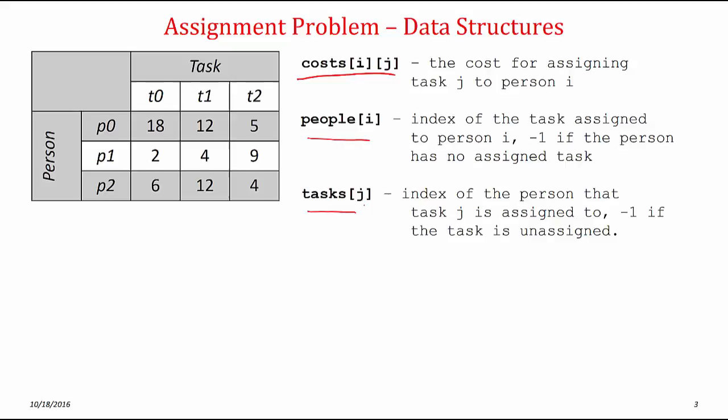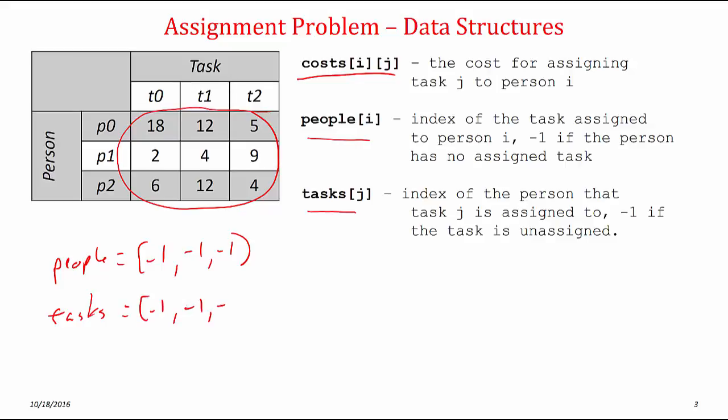And so for our example problem, cost ij, which shows up as this 3 by 3 matrix, when we initialize the problem, people would be equal to -1, -1, -1, and tasks would be equal to -1, -1, -1 also, indicating that none of the people are assigned tasks and none of the tasks are assigned to people.